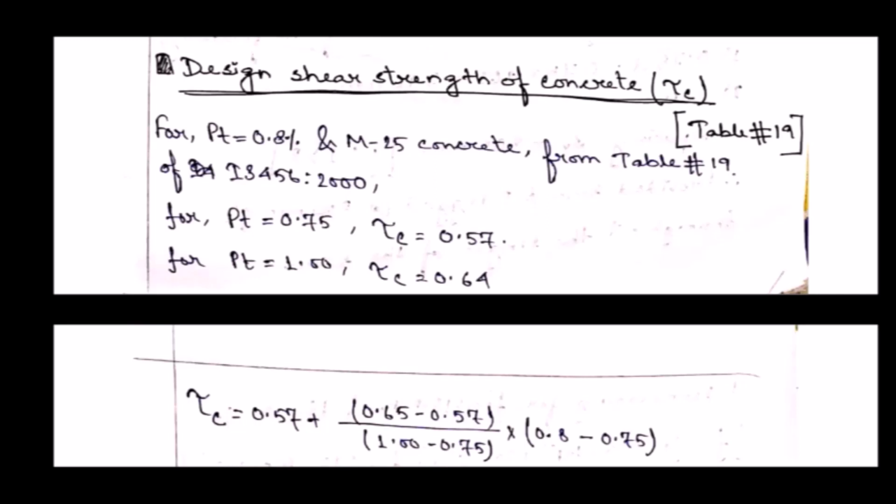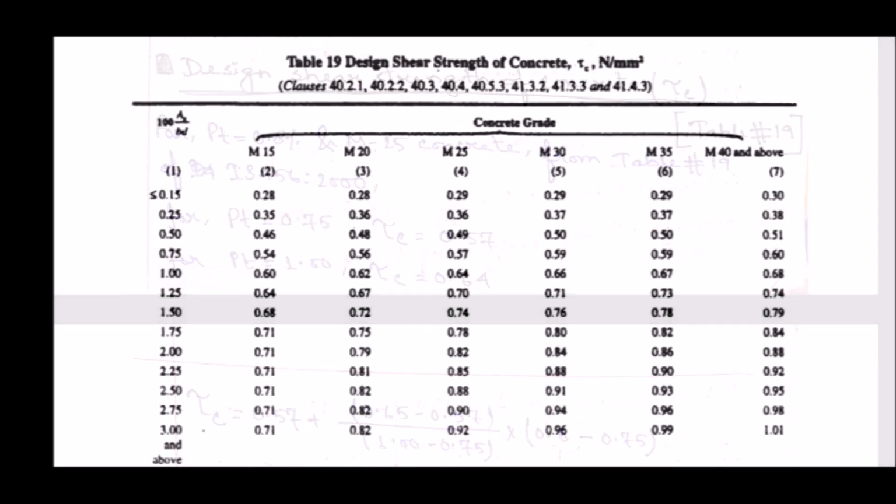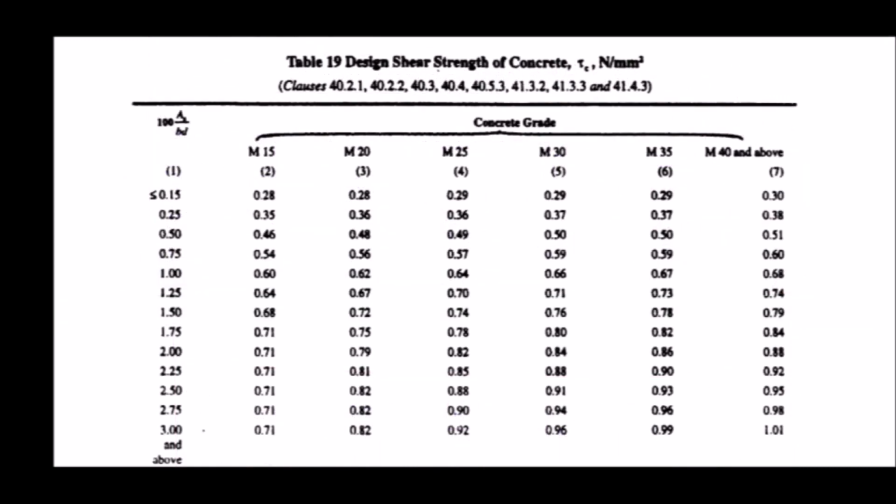So for this also we have to go to IS code table number 19. This is table number 19, design shear strength of concrete, tau c in Newton per mm square or MPa.